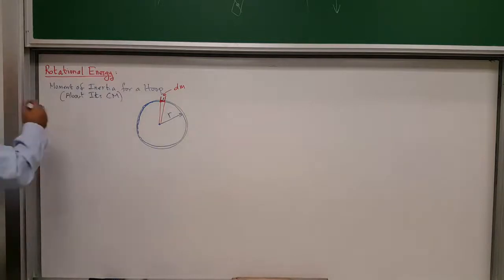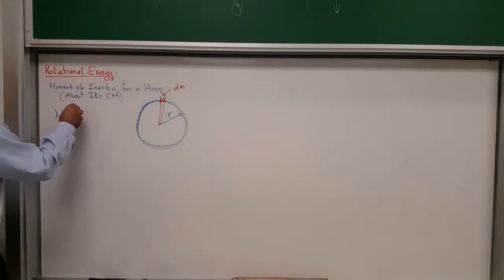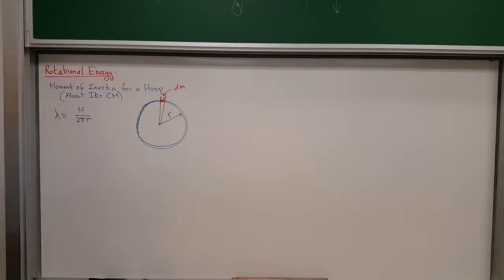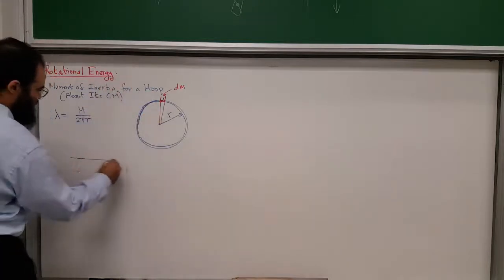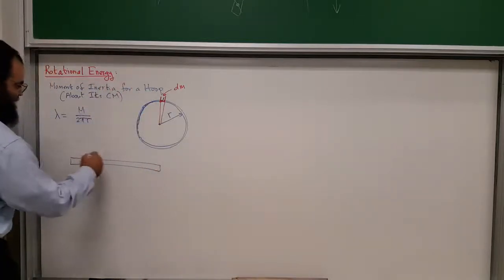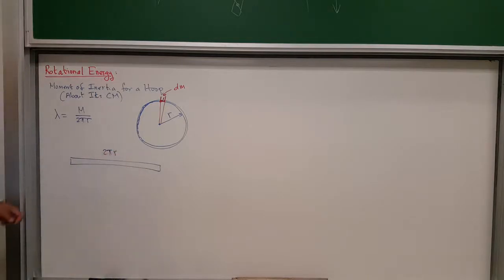So lambda, the mass per unit of length, will be the total mass divided by 2 pi r, right? Because if you cut this and open the hoop, it will be a length L, and that length L is 2 pi r. Just imagine you open it, and now close it back.